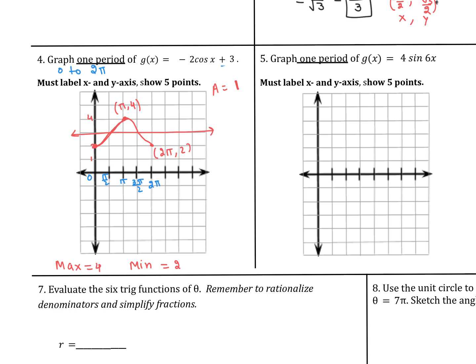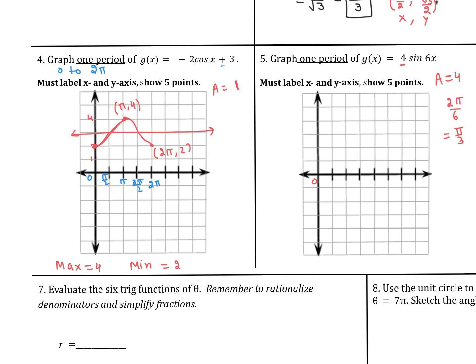For number 5, amplitude is the number that is in the front, and that is 4. The period for this one is going to be 2 pi divided by 6. 2 pi divided by 6 means pi over 3. So always we need in between 1, 2, 3, 4 points.